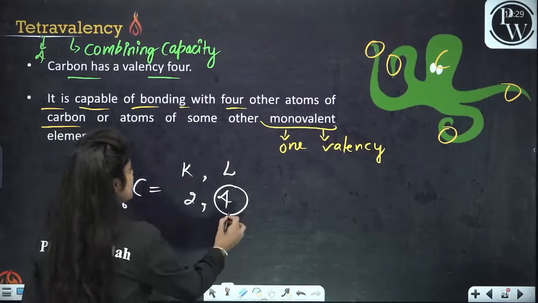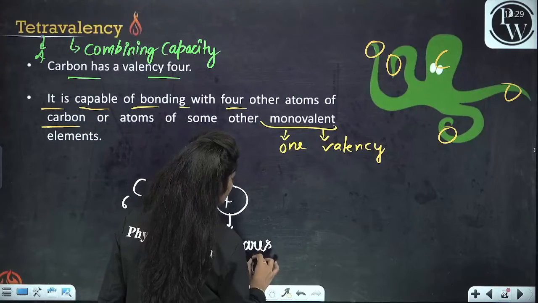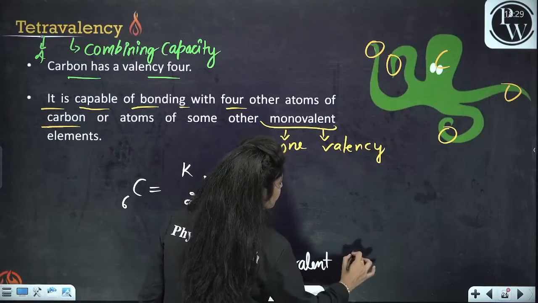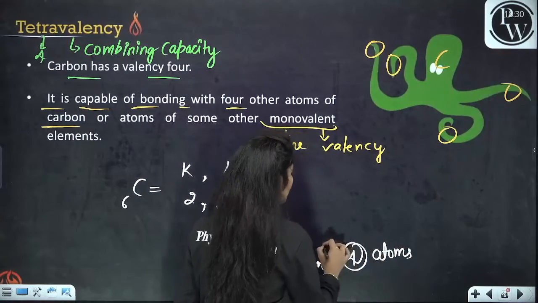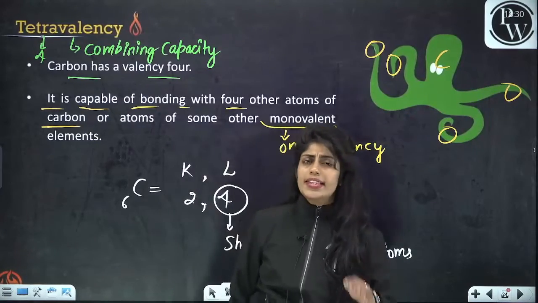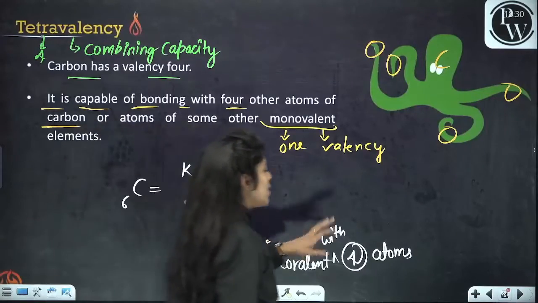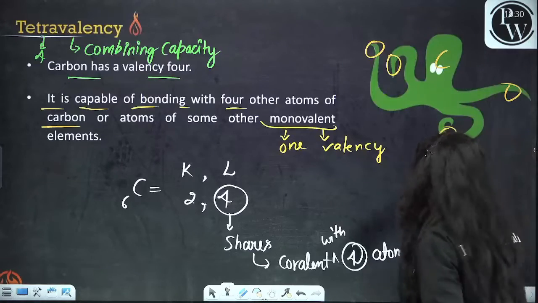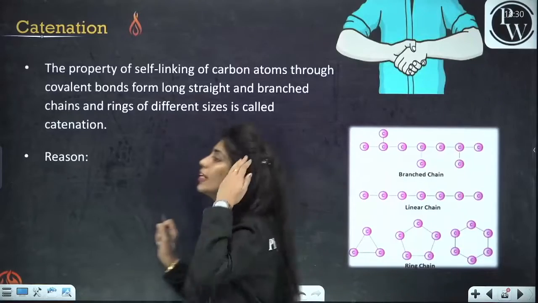It shares these electrons and forms covalent bonds with up to 4 atoms. So that's why we can say these tetra or 4 bonds are very stable. We will know why. Before that, we are going to understand what is catenation.